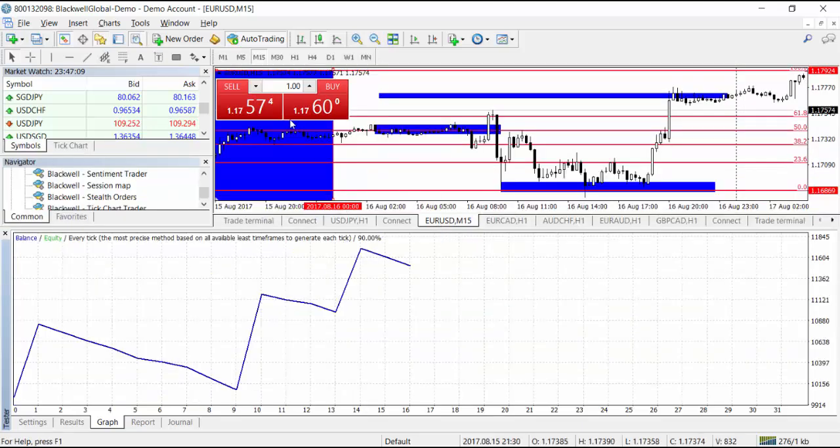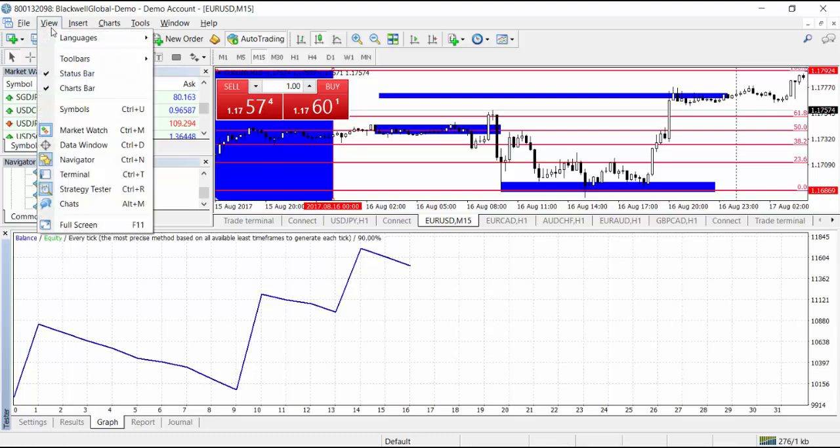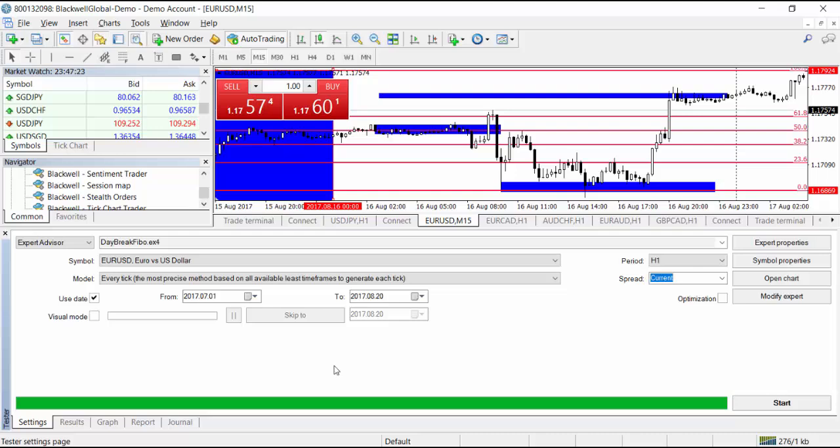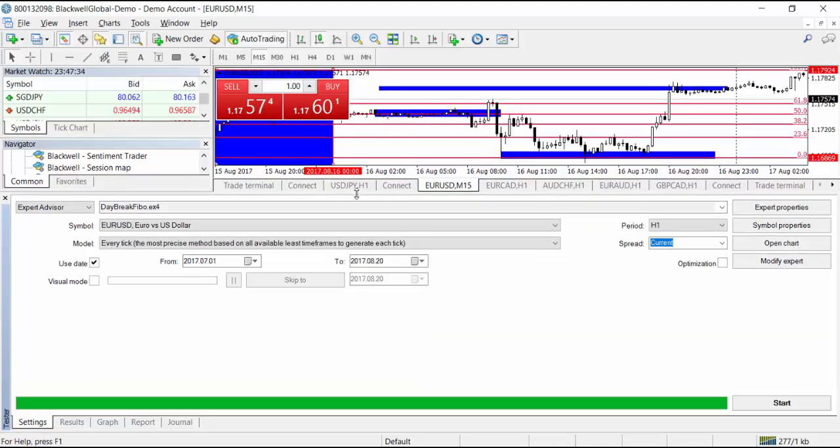Backtesting is done in the Strategy Tester, which you can find when you click on View, Strategy Tester, or you press Control R, and then a window will open that looks a little bit like this. Let me open that up a little bit more, because now the chart becomes less relevant.